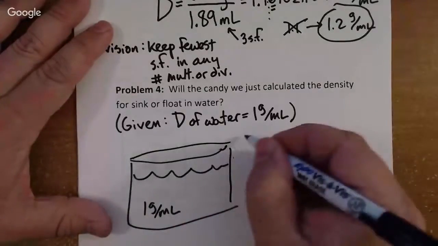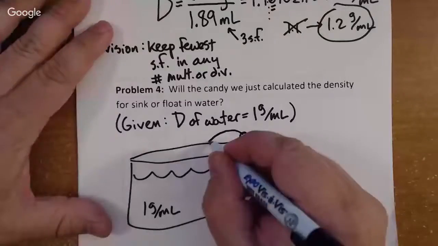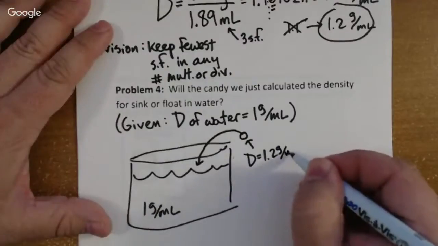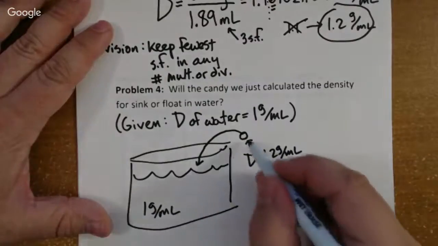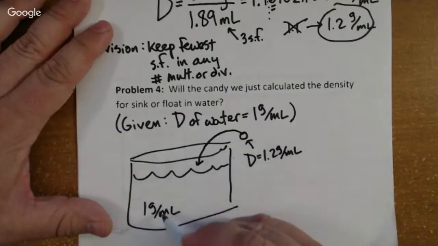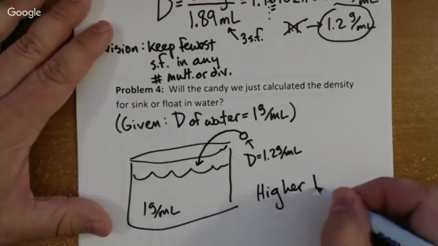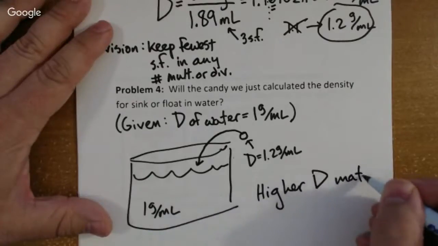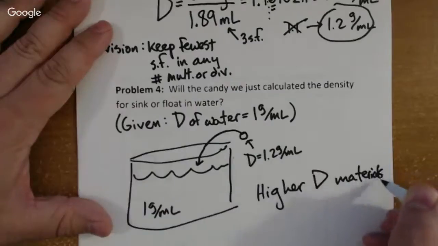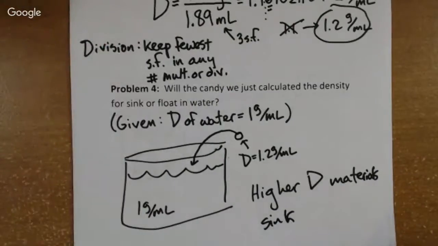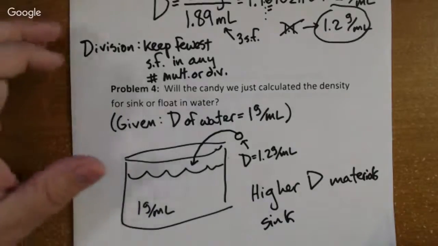We take a piece of candy. We throw that candy into the pool. The density of this candy is 1.2 grams per mil. So the density of the candy is higher than the density of the water. And the rule is higher density materials, sorry about that, my mic just cut out.